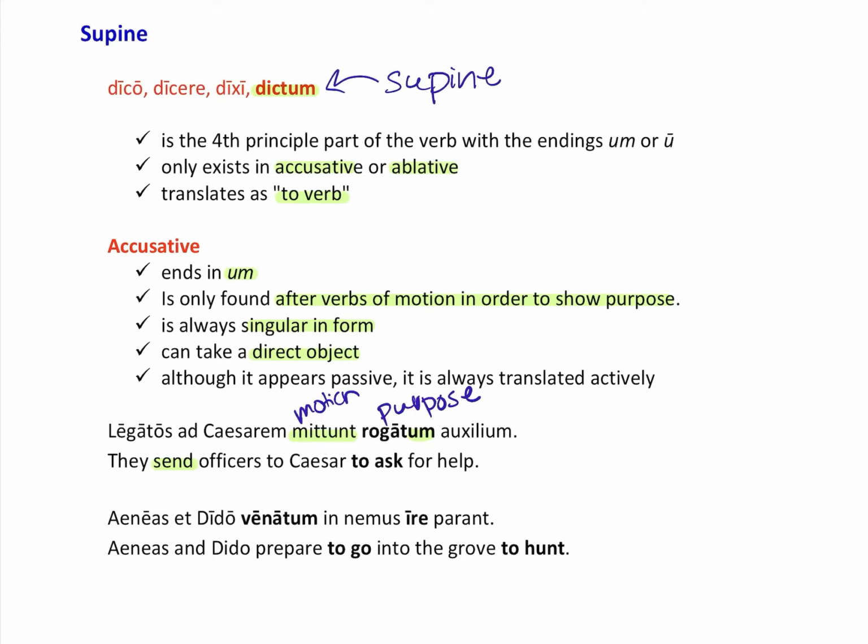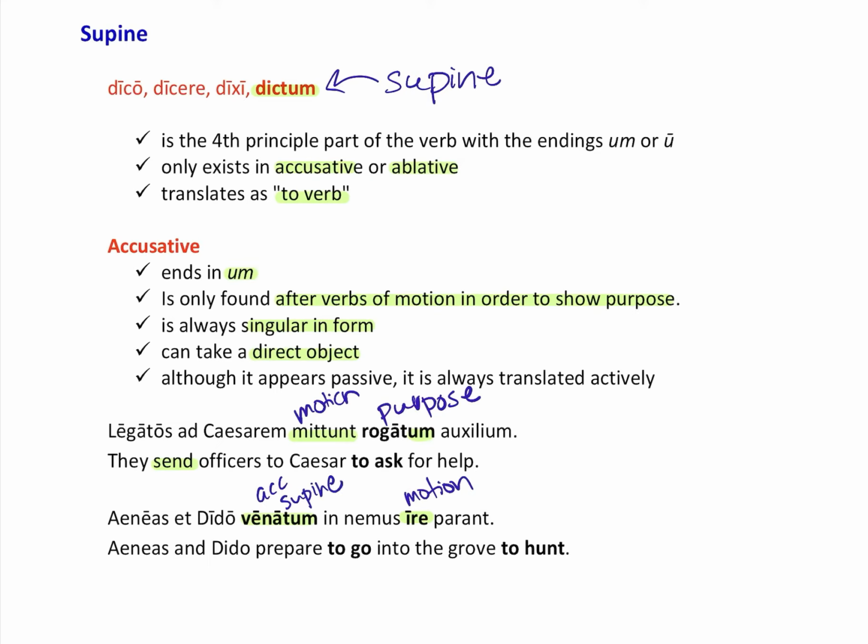Aeneas et Dido venatum in nemus ire parant. So here we have the supine. You can already see it in the accusative. It's got that -um in there. And here is our verb of motion. Okay, the verb of motion is ire. And the purpose is the supine in the accusative.